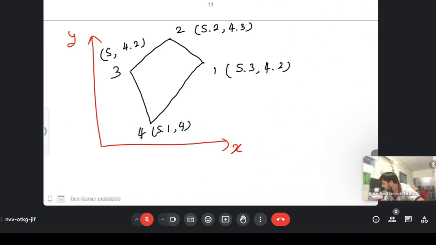Okay, this is one of the 4-node elements.